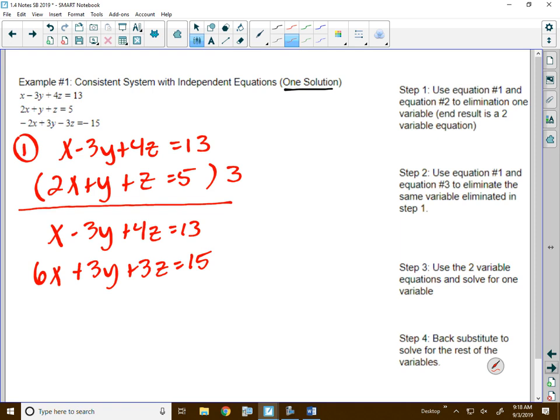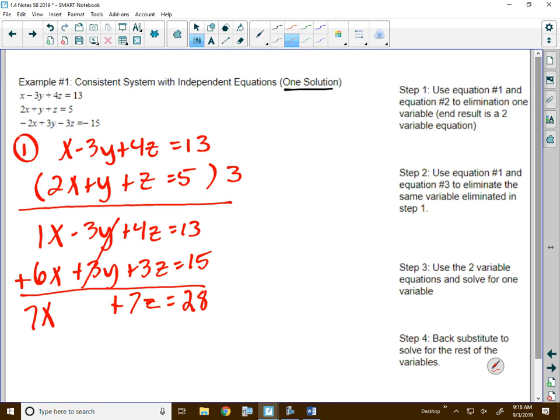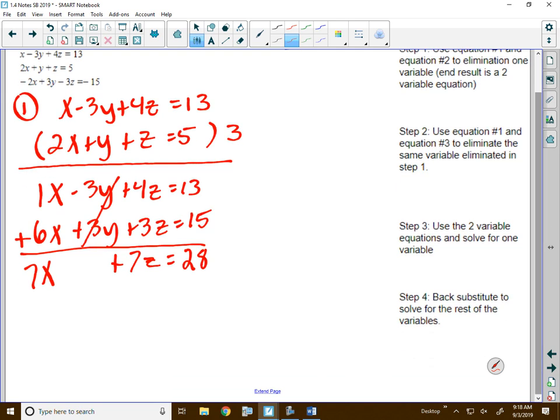Now that we've done that, we can create our addition problem and add down. You should end up with a 2-variable equation: 7x plus 7z equals 28. Are we okay on that?